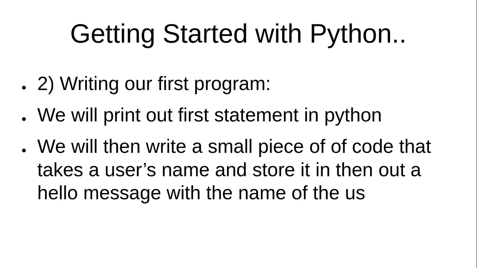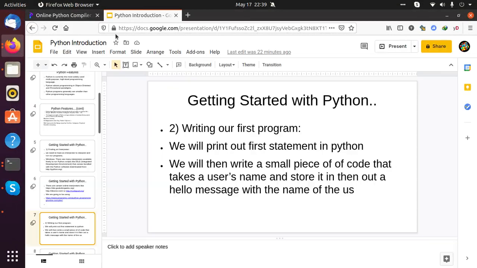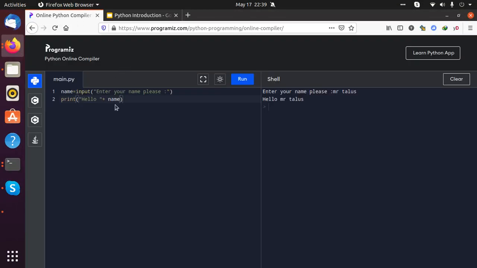that is going to interpret our code, let's go ahead and write our first print statement with Python, and probably capture some input with Python and print it out. Just use the link that is on the slide, programzy.com.